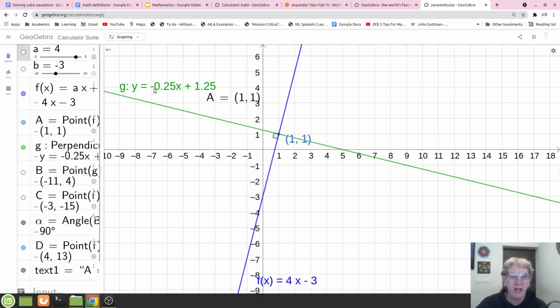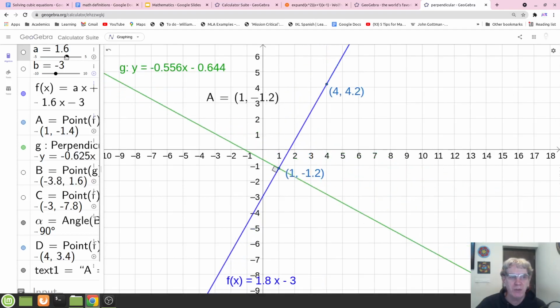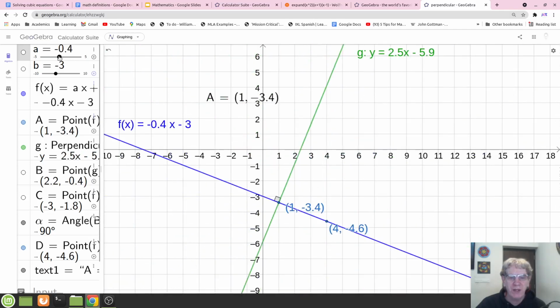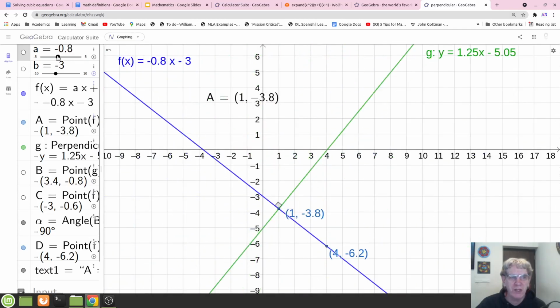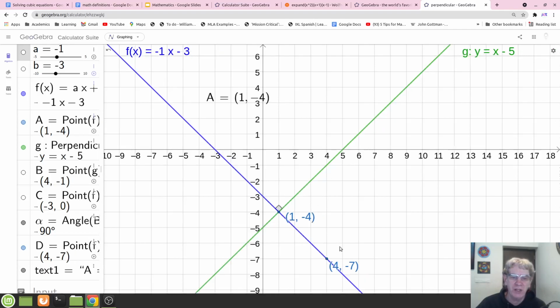Look what happens if I change the slope of the blue line now, and I make the blue line decreasing. Now the blue line is decreasing, and what's happening to the green line? The green line is increasing. So here I have f of x equals x minus 3 as my blue line, but now f of x equals negative x minus 3, so the slope is negative, and over here, the green line, the slope is positive.